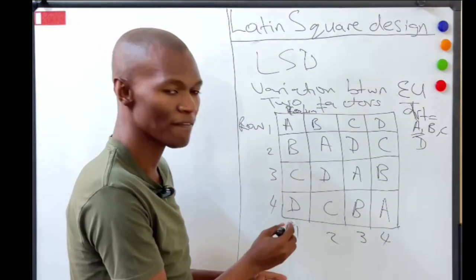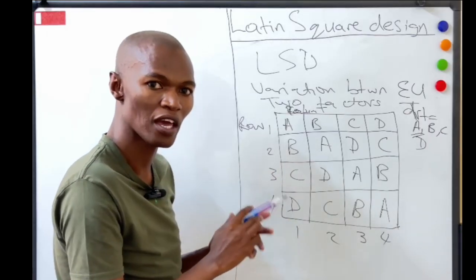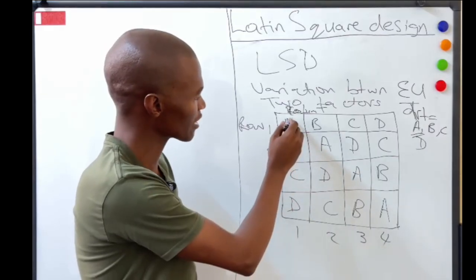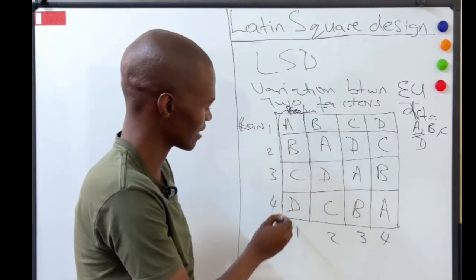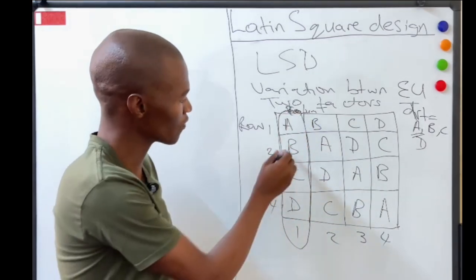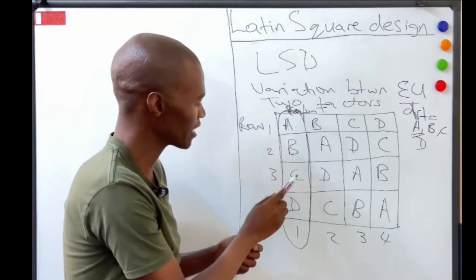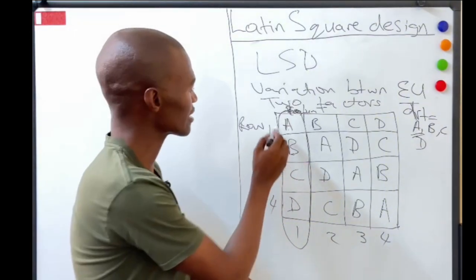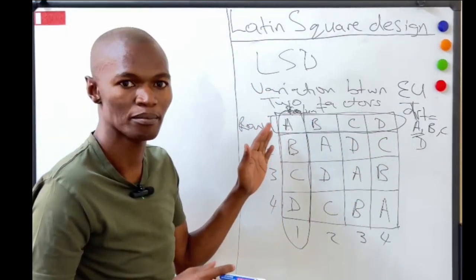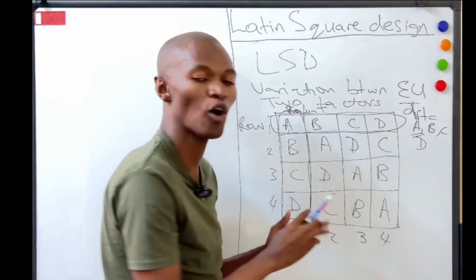But each and every treatment appears once per row and once per column, so that when you want to know the effect of treatment in this column, you have to make sure that all the treatments are there. You can see the performance of A, B, C, D in this column. It's the same if you want to know in this row: you can observe the performance of A, B, C, D, all of them are there.